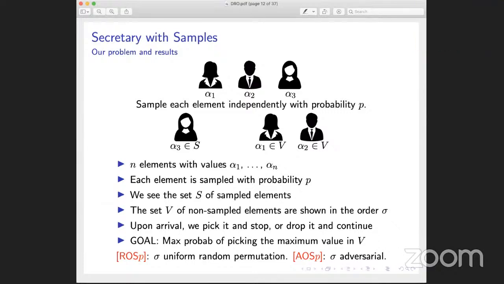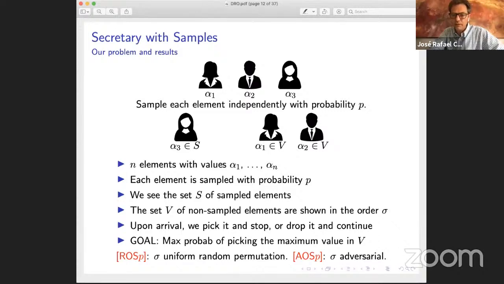Sorry, Jose, I thought I understood, but after the exchange with Siamak, now I'm confused. When you sample with probability p, is this IID with probability p? Independently with probability p, yes. Flip independent coins for each potential candidate.